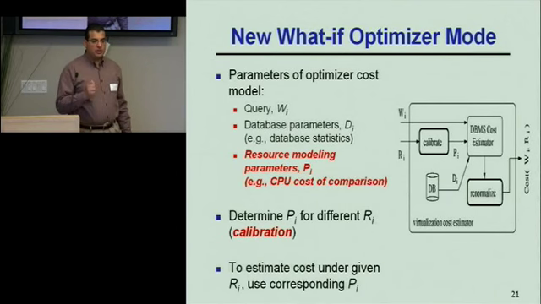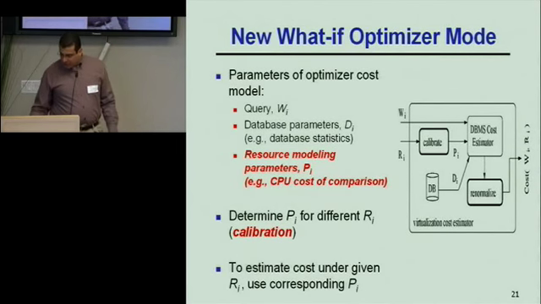So the accuracy of the cost model depends on how accurate are your assumptions about the database, how accurate are your assumptions about the query, and how accurate are your assumptions about the modeling parameters. So to find the best values to calibrate these modeling parameters, we're going to design a synthetic database and synthetic queries where the assumptions of the query optimizer are matched as closely as possible for the query and the database, so that any variance in performance is due to the calibration parameters.